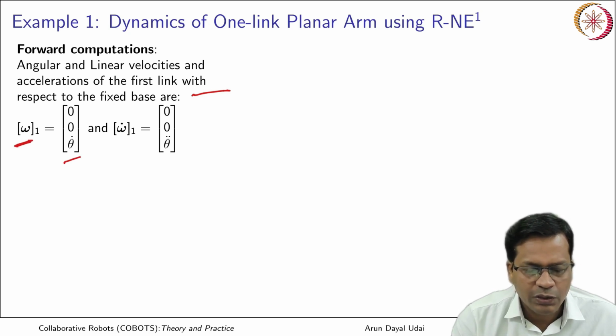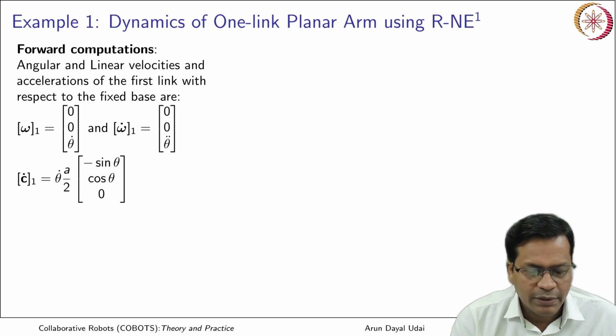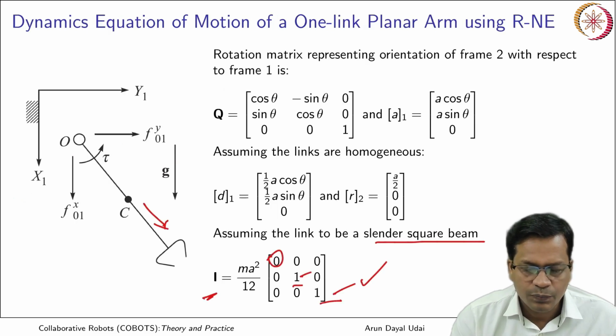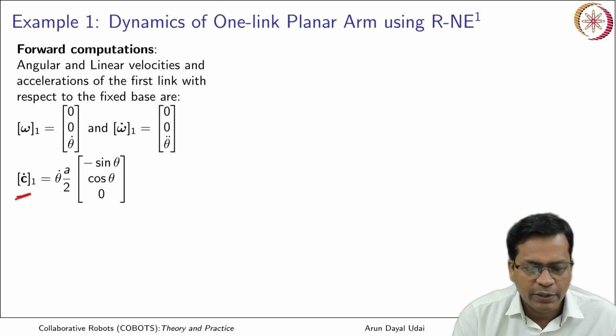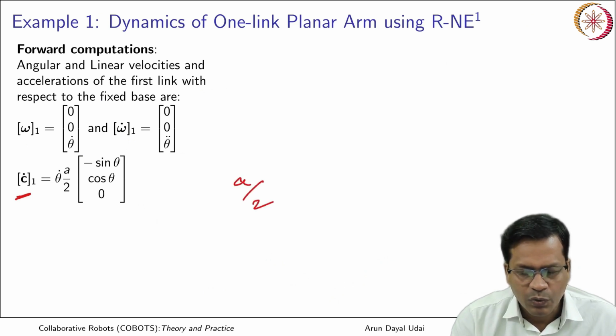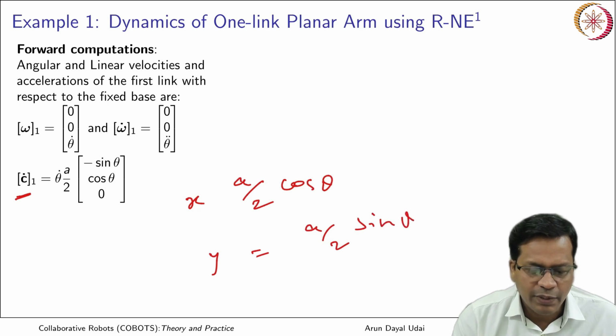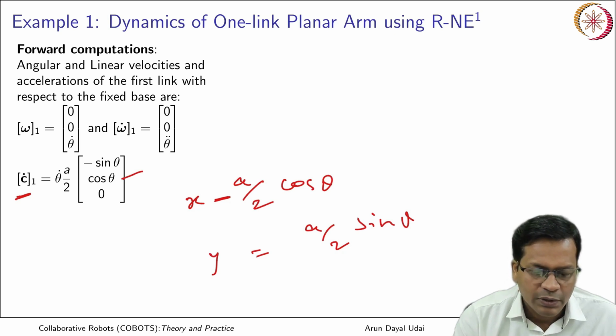Similarly, the rate of change of omega is this, and Ci dot is obtained from Ci, which you already calculated. Ci has a by 2 cos theta about x and a by 2 sin theta about y. Taking the derivative, cosine gives minus a by 2 sine theta and sine gives cosine theta, with a by 2 remaining and theta i dot.